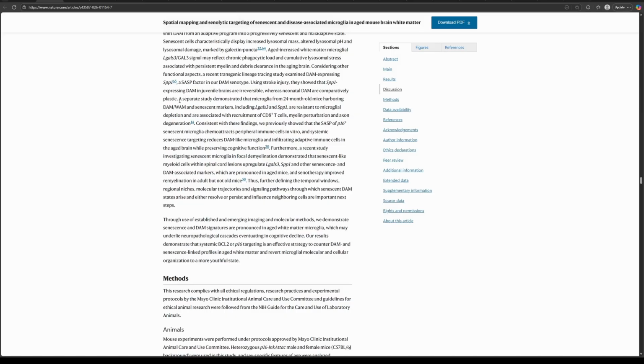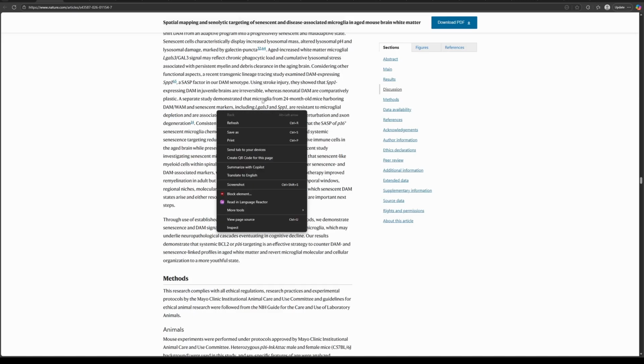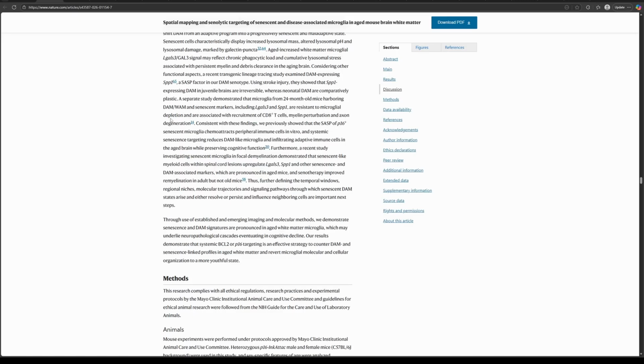That's interesting. A separate study demonstrated that microglia from 24-month-old mice harboring DAM and senescent markers are resistant to microglial depletion and are associated with recruitment of T cells, myelin perturbation, and axon degeneration. Interesting. So once you start it, it will continue even if you try to remove the microglial cells.